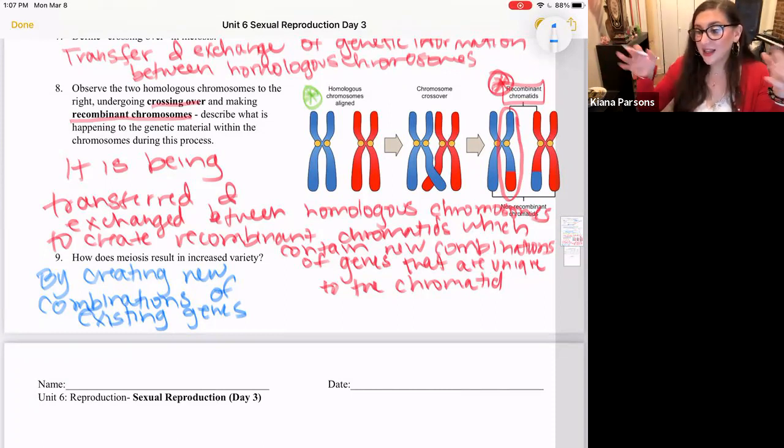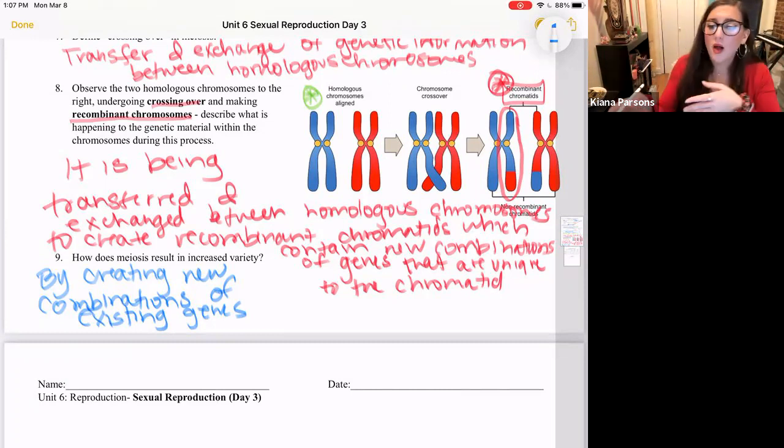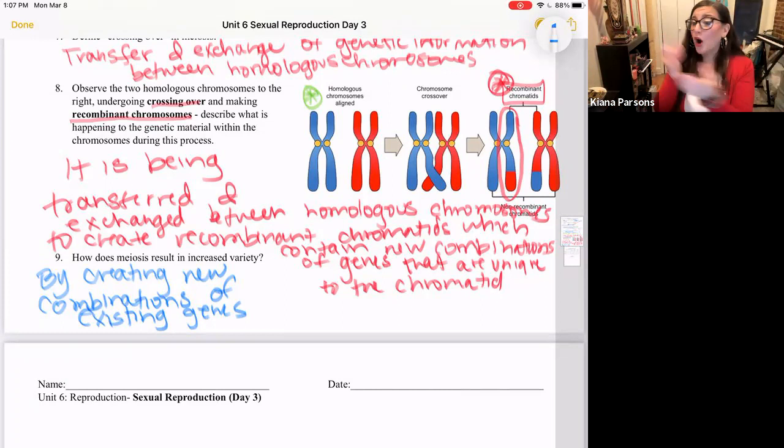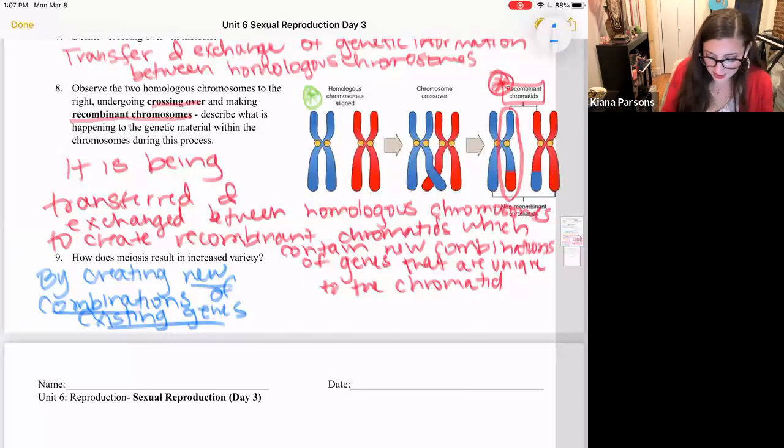Mutations, they can occur spontaneously, they can occur due to exposure to chemicals, and not all mutations are bad. We'll talk a lot more about mutations when we get to evolution, but through sexual reproduction, as part of how sexual reproduction happens, we're constantly creating new combinations of existing genes through crossing over.